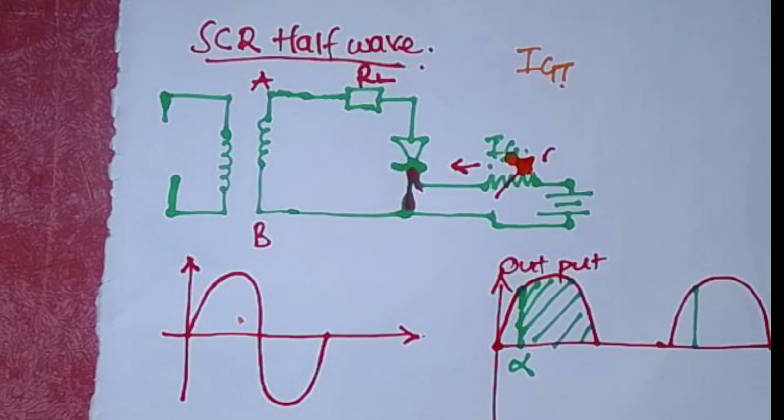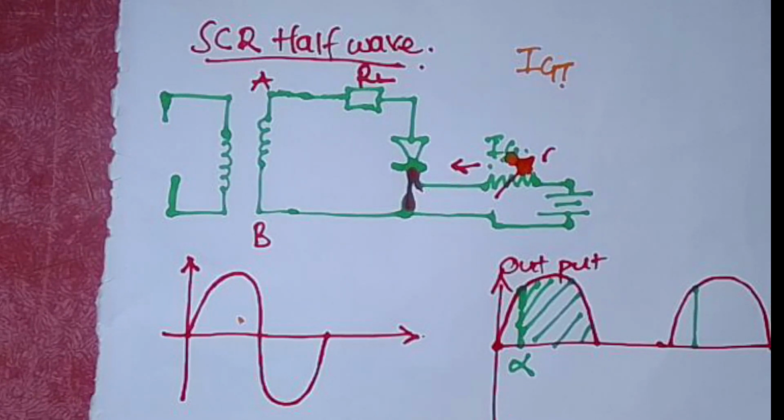So in short, you're trying to mean that, for example, if I vary this resistor here on the gate to a very high resistance, that means the SCR will depend on the voltages that are coming from the transformer, right?